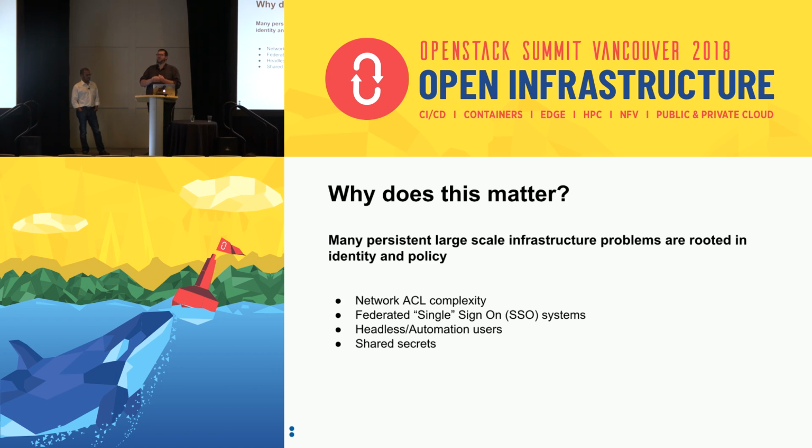For example, with network ACLs as a way of controlling which instances can talk to each other, you end up with hundreds or thousands, or in our case, millions of network ACLs. When you have enough instances, your network complexity gets huge, and it becomes very difficult to do something as simple as adding a rule to your firewall.